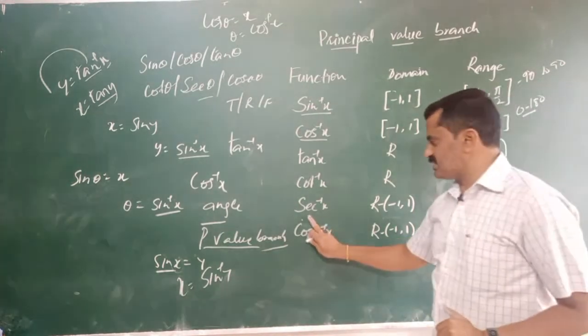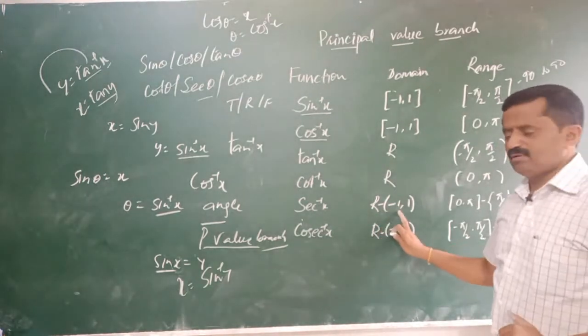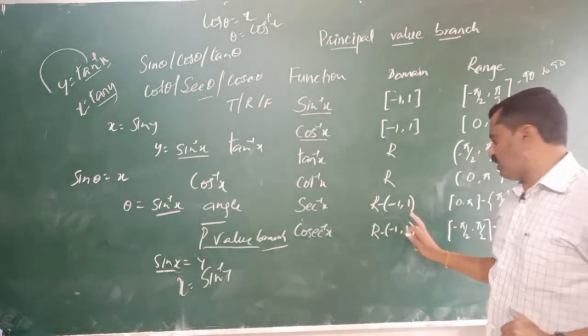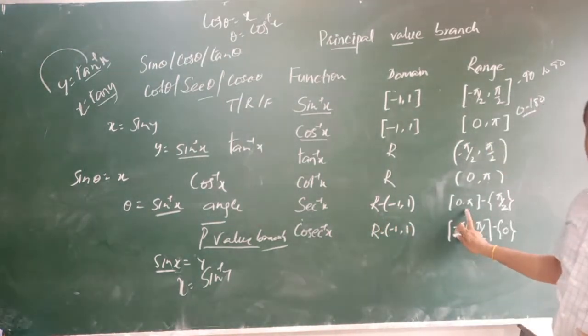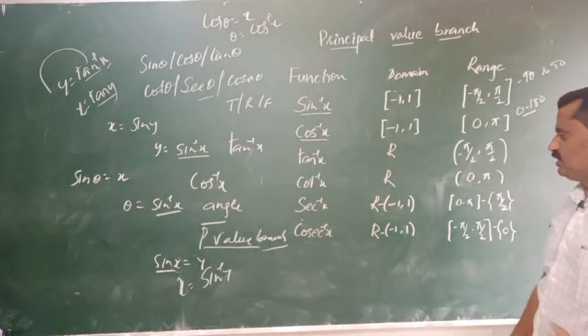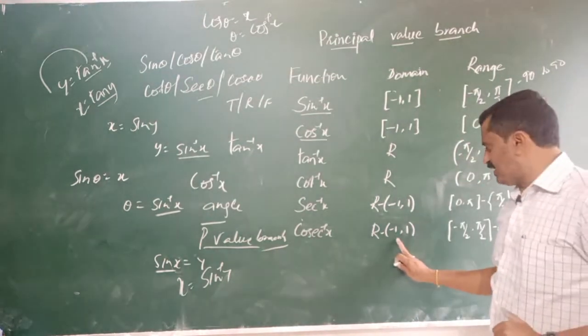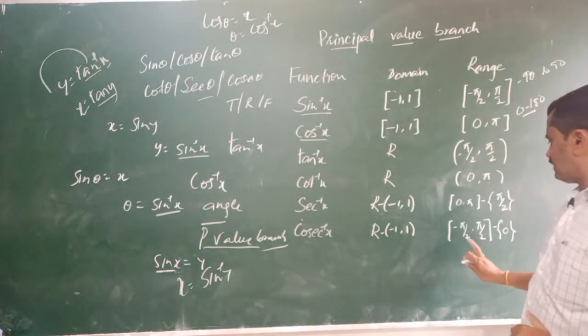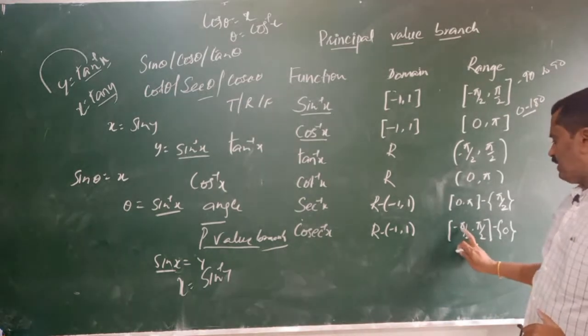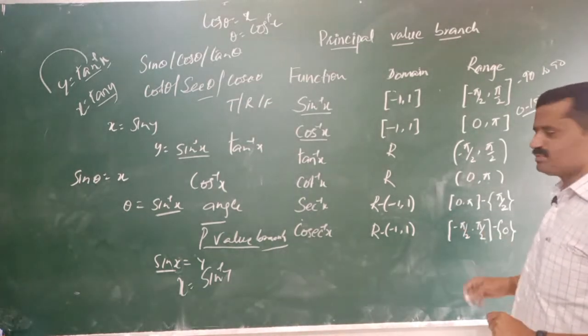Then we have secant inverse x. Here the domain is R except minus 1 to 1. The range is 0 to pi except pi by 2. Then cosecant inverse x, domain R except minus 1 to 1, and the range is minus pi by 2 to pi by 2 except 0.